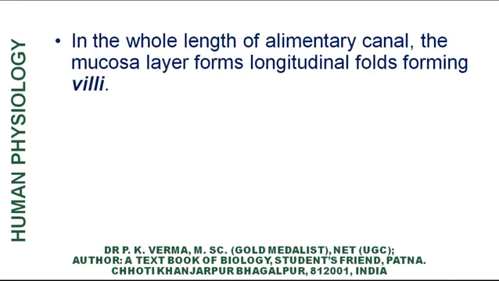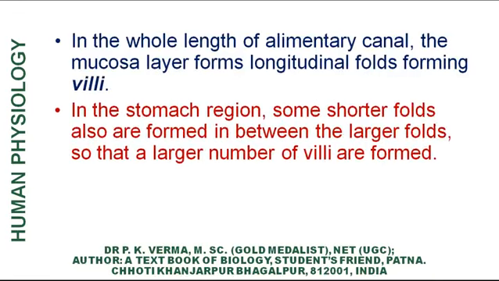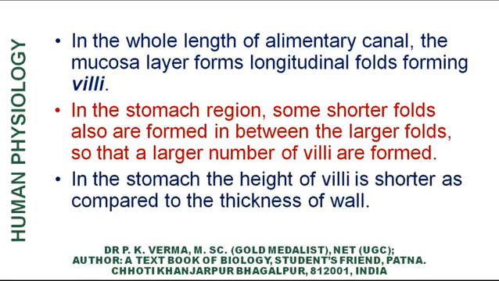In the whole length of the alimentary canal, the mucosa layer forms longitudinal folds forming villi. In the stomach region, some shorter folds are formed in between larger folds, so that a large number of villi are formed. In the stomach, the height of villi is shorter as compared to the thickness of the wall.